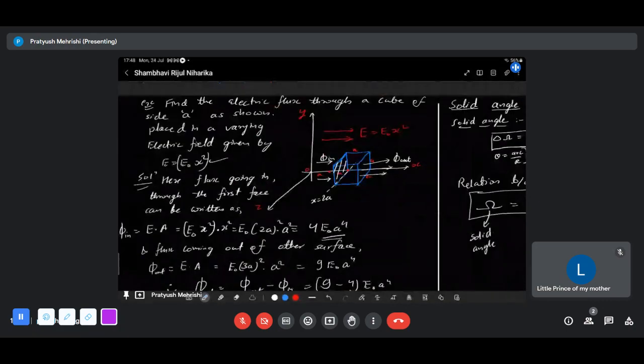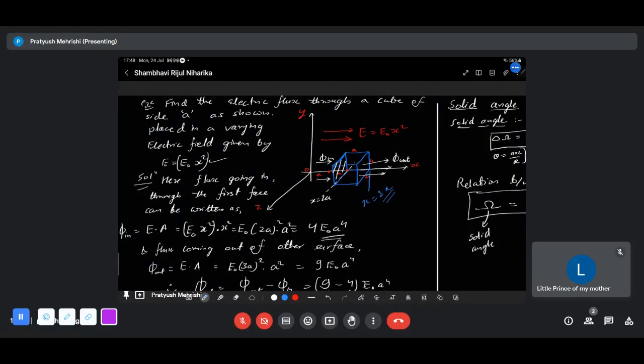Okay. So at line x equal to 2a, there will be another electric field, and at line x equal to 3a, then also we can define flux. Total flux entering inside and total flux leaving it.